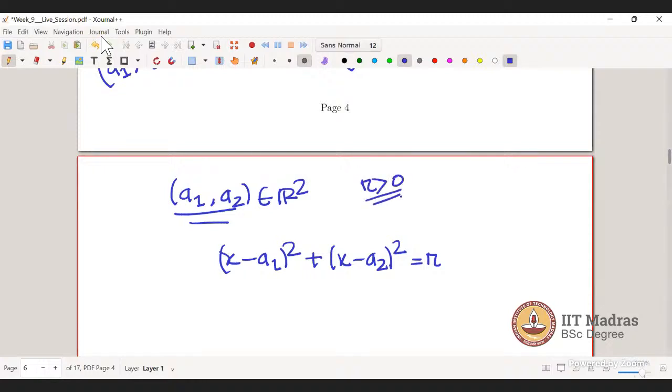What does an open ball mean? We are considering all the points inside the circle, so we take the less than symbol, obviously excluding the boundary. This is r, the radius of the circle.